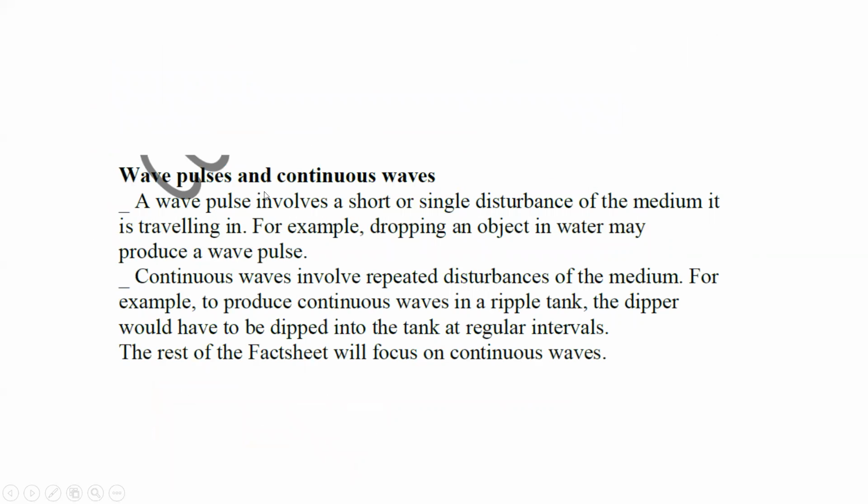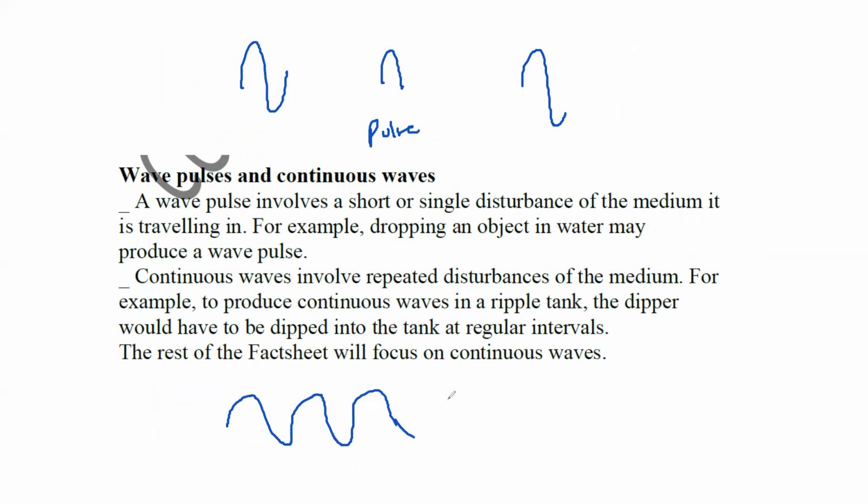Then what is the difference between a wave pulse and a continuous wave? A wave pulse means when we send one wave or half wave or part of the wave, we call that a pulse. But what is the meaning of a continuous wave or wave train? When we send waves and we are not able to identify the starting point, like the wave is traveling between two points A and B, but we are not able to identify the starting point and ending point, we call that a continuous wave.